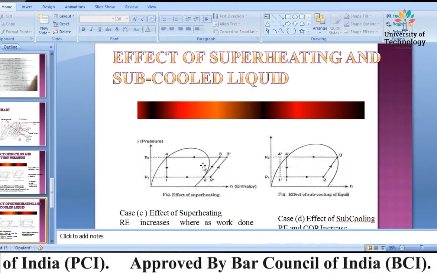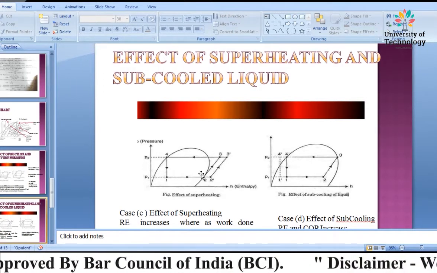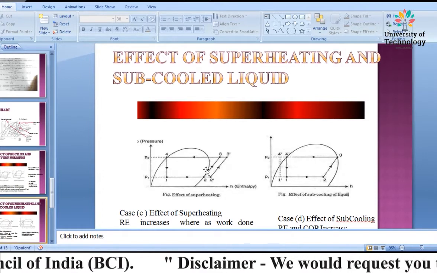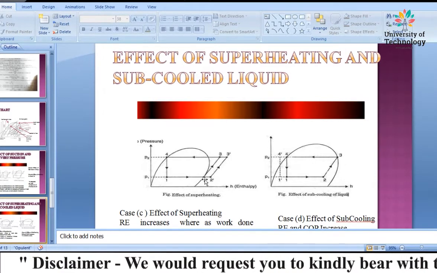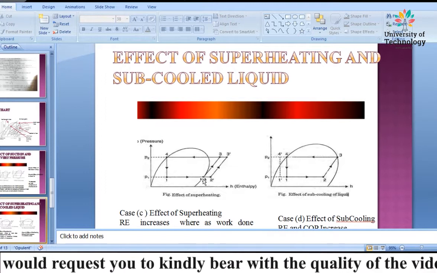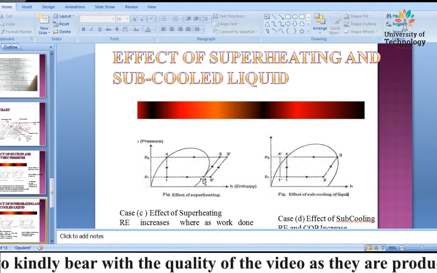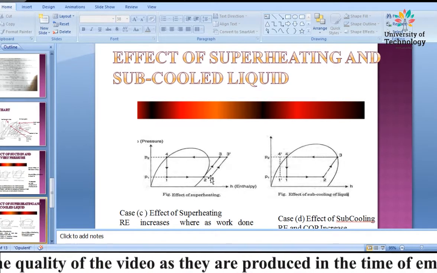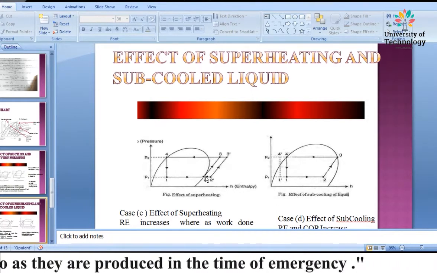This means compressor work directly depends on the pressure ratio and the inlet temperature, that is T2, the inlet to the compressor.